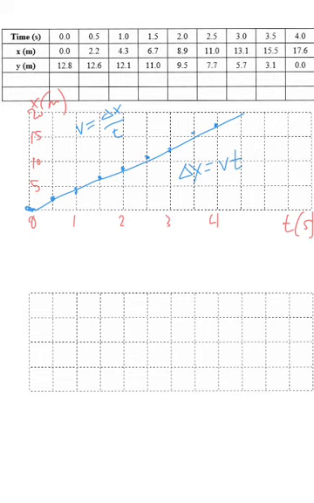So if we take the equation delta x equals vt and we compare that to the equation y equals mx plus b, well, the plus b is like a plus 0 in the equation since it passes through the origin. On the y-axis, we have the x, and on the x-axis, we have the t. So according to this equation, the slope of the graph is the velocity.